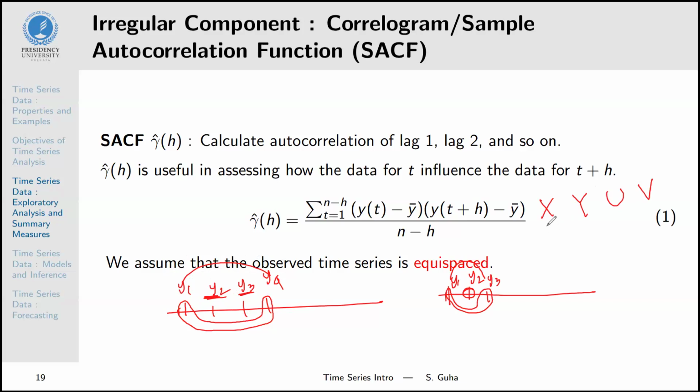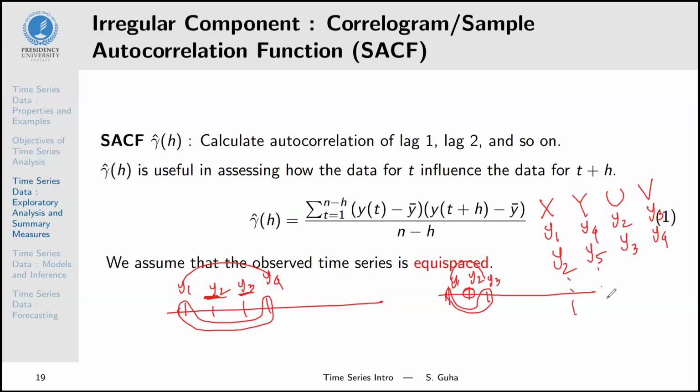So suppose this is y1, this is y4, this is y2, this is y3. Then again, this is y2, this is y5, this is y3, this is y4.